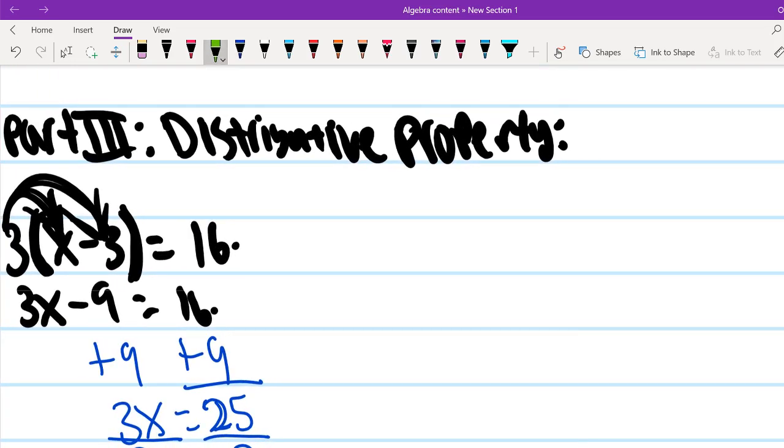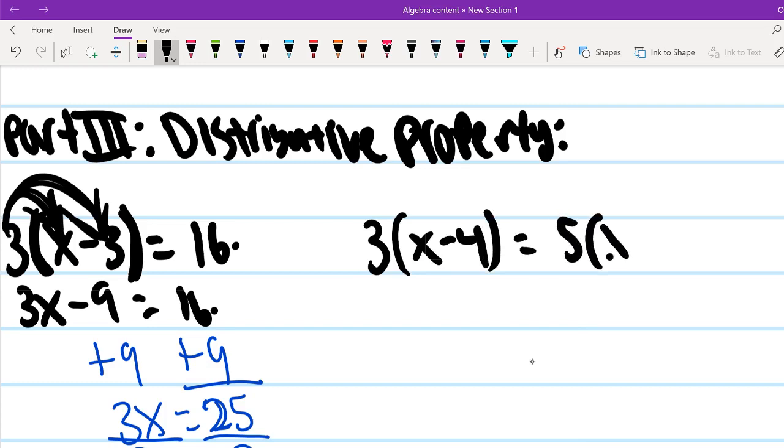And then for the next one, I'm going to make it a little bit more complicated. So we have 3 times the quantity x minus 4 equals 5 times x minus 6. So again, what you want to do is go ahead and distribute over here.